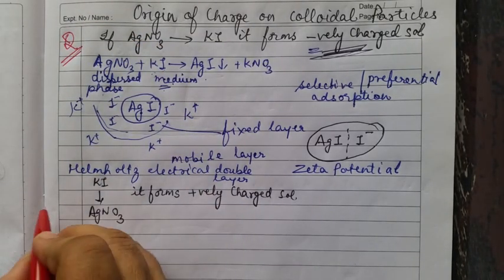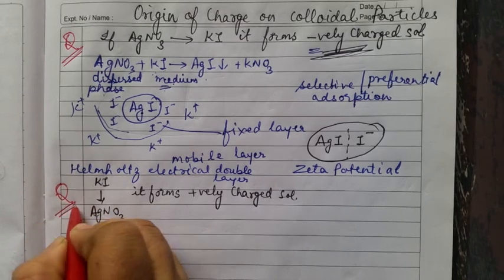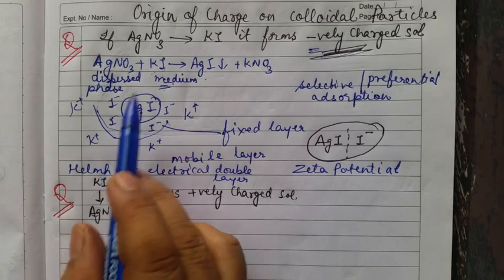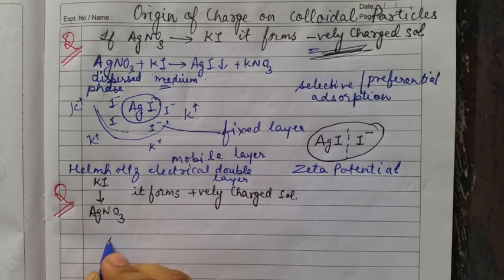Now we will take the second type of question. It says, if you add potassium iodide to silver nitrate, it forms positively charged salt. Again you have a similar equation, with the precipitate of AgI.